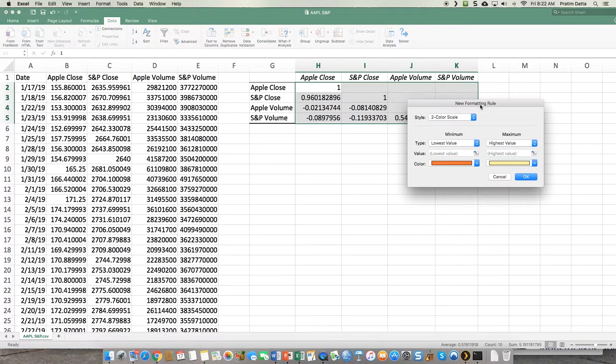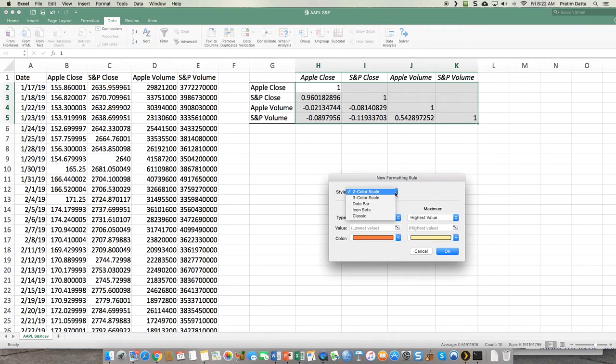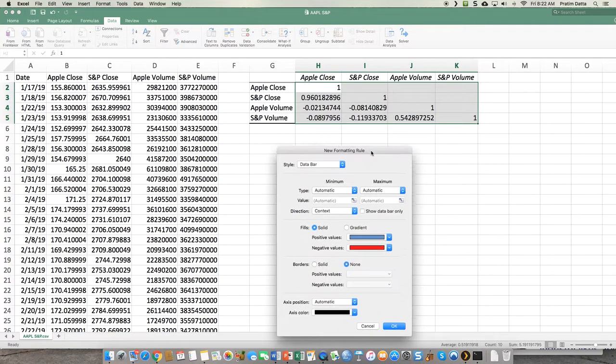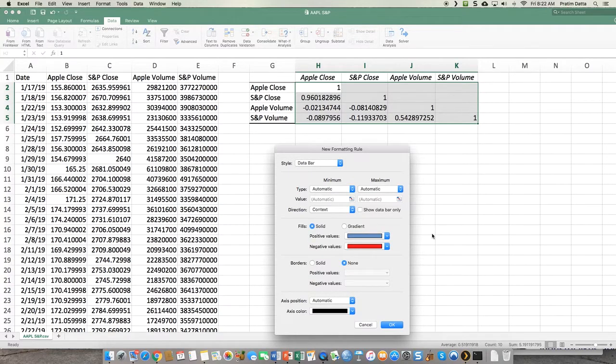What's the rule? Well, in this case let's say that we want to create a data bar. And we want to create a data bar where if it is a positive value, show it as blue. If it's a negative value, show it as red, right? And because it's a data bar, if the positive value is high, it'll also show a longer bar.